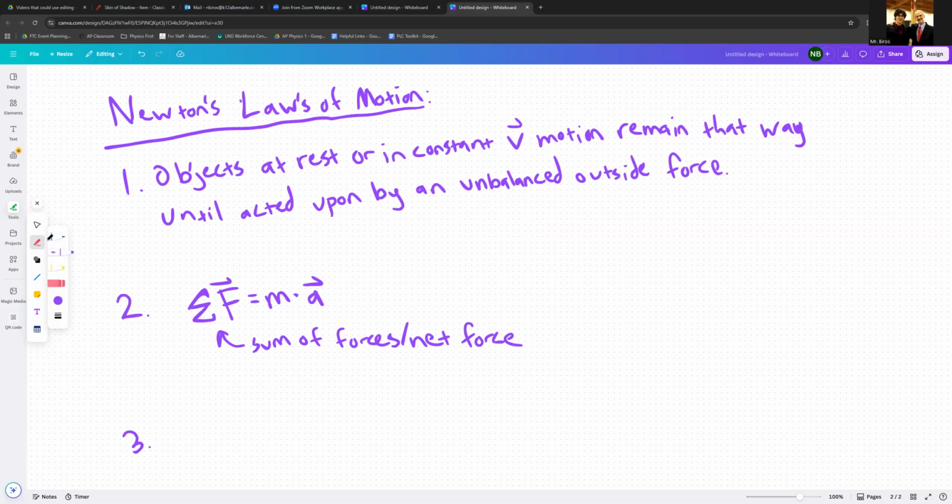Because if you have a positive 50 Newton applied force and a negative 12 Newton force of friction and a negative 6 Newton force of drag, you're going to add up or sum up all of those forces when we do these equations with Newton's second law. And you're going to say, all right, sure, we have 50 Newtons in the positive direction, then 12 Newtons in the negative direction, then 6 more Newtons in the negative direction.